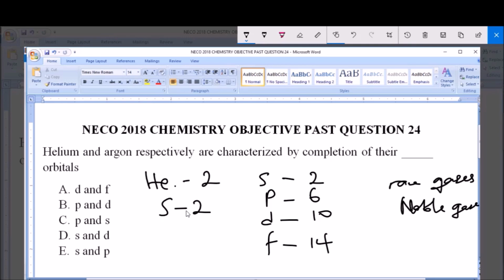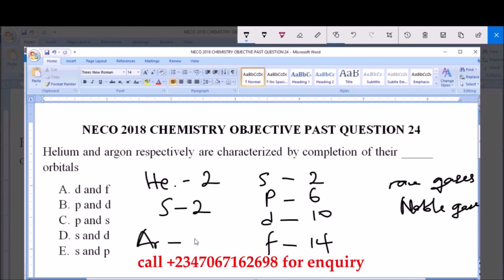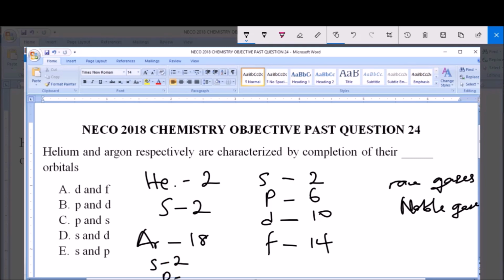Now, the helium atom has 2 electrons, so therefore the s orbital is complete. For argon, with atomic number 18, its s orbital is complete with 2, its p orbital is complete with 6, and its d orbital is also complete with 10, making it 18.